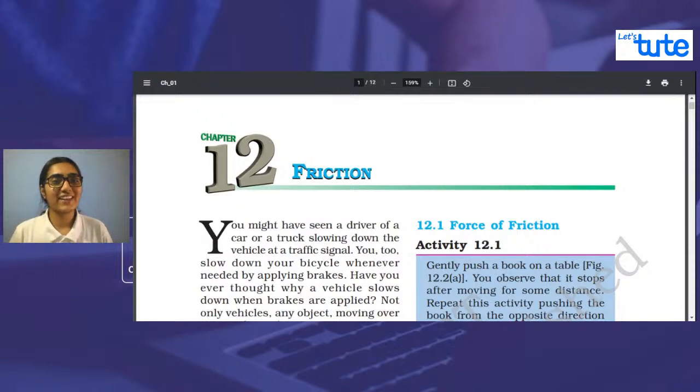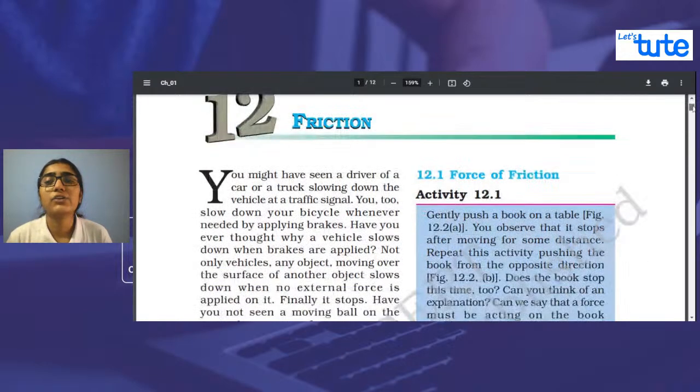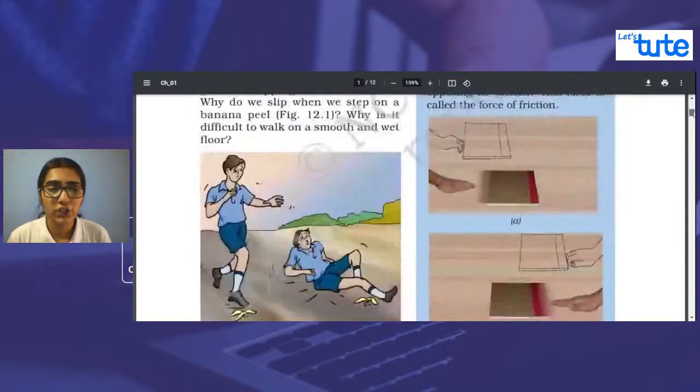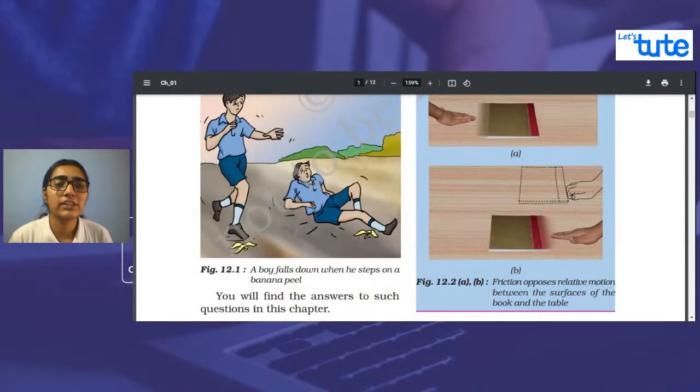If there is no friction, I am not kidding, you wouldn't be able to walk. If there is no friction, you wouldn't be able to stand. You are able to stand, you are able to walk because of friction. So, if there was no friction, then there is a chance that you may fall down.